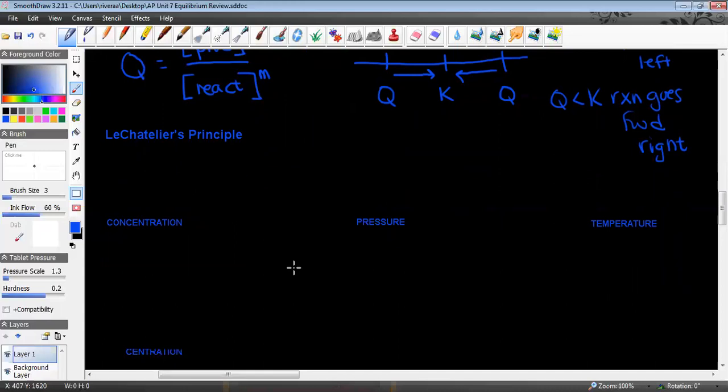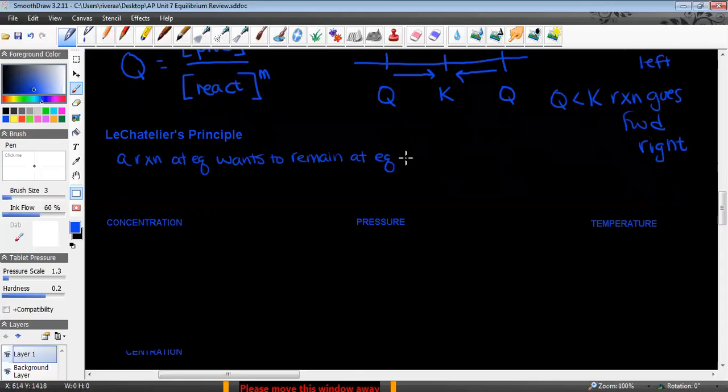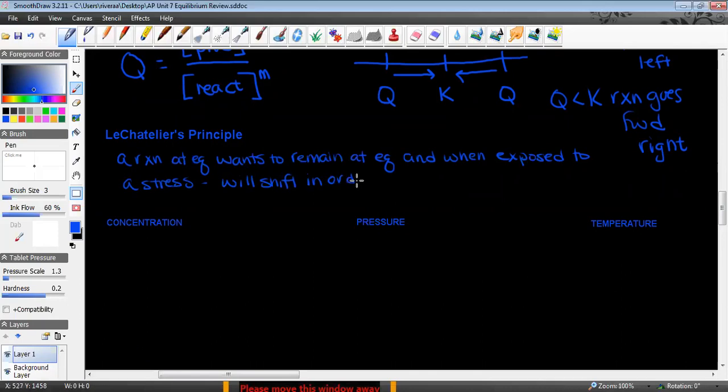Okay, so Le Chatelier's principle states, this is my favorite chemistry principle, that a reaction at equilibrium wants to remain at equilibrium, and when exposed to a stress, will shift in order to relieve that stress.